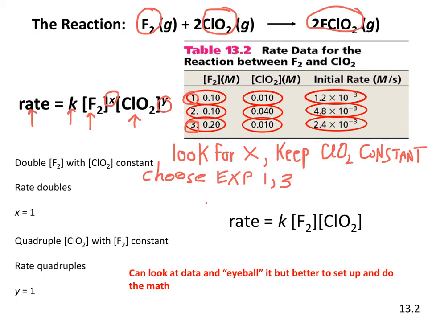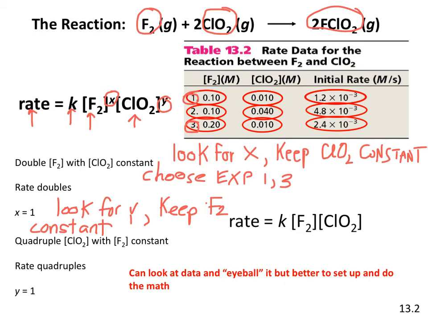Now, when we are going to be looking for Y, we will be keeping F2 constant and seeing what the effects are on the rate when we change the concentrations of ClO2.